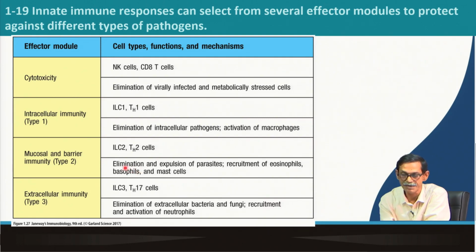The effector function is elimination and expulsion of parasites, recruitment of eosinophils, basophils and mast cells to handle the infection. Extracellular immunity is taken care of by ILC3 and Th17 cells. What are they doing? They are eliminating the extracellular bacteria, fungi, and recruitment and activation of neutrophils, which is taking care of the innate immunity part.